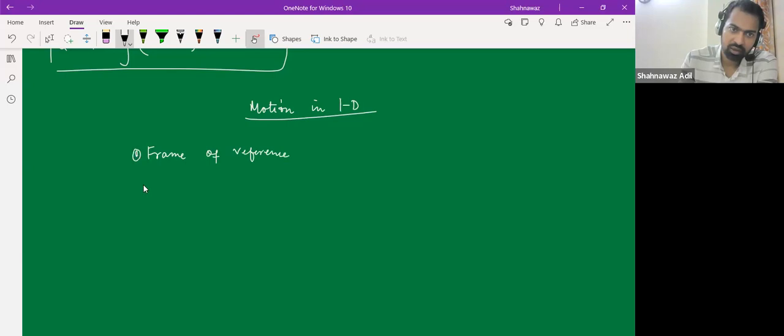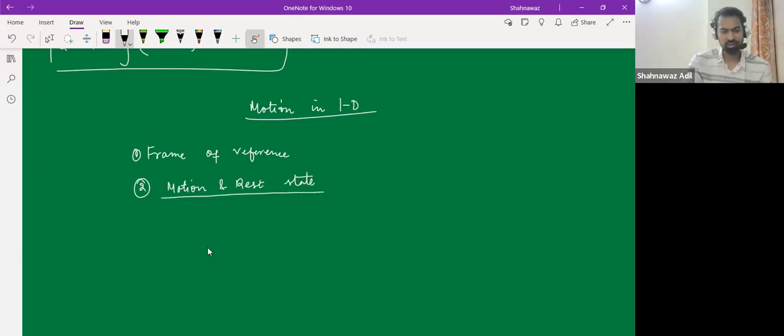And then I talked about motion and rest state, right? And then I have talked about the quantities which are associated with the moving body. So when a body is moving, what are the physical quantities that we associate with it?